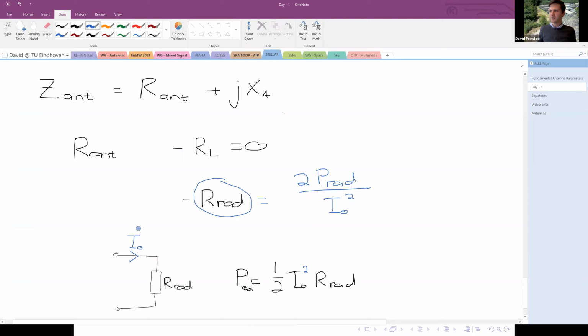So if you know the peak current on the antenna, and you know the electric field radiated by the antenna, you can solve the radiation intensity from the electric field. You can integrate the radiation intensity to get the total radiated power. And you can divide that by the current squared again. And you know what the radiation resistance of your antenna element is.